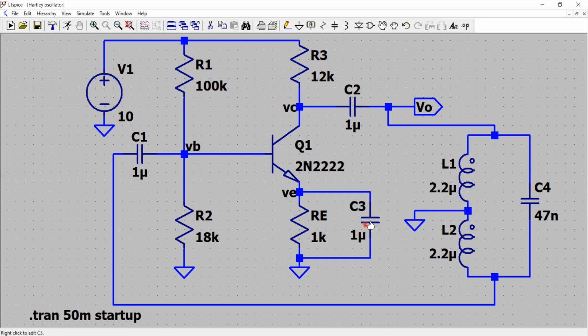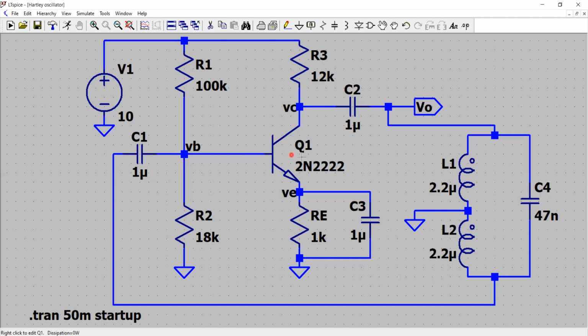C3 is a bypass capacitor. At DC, it acts as an open circuit, as if it is not there in the circuit. But at very high frequency, it acts as a short. The reactance is extremely small so that RE gets bypassed from the circuit, and that's how, when RE is not there, your gain improves.